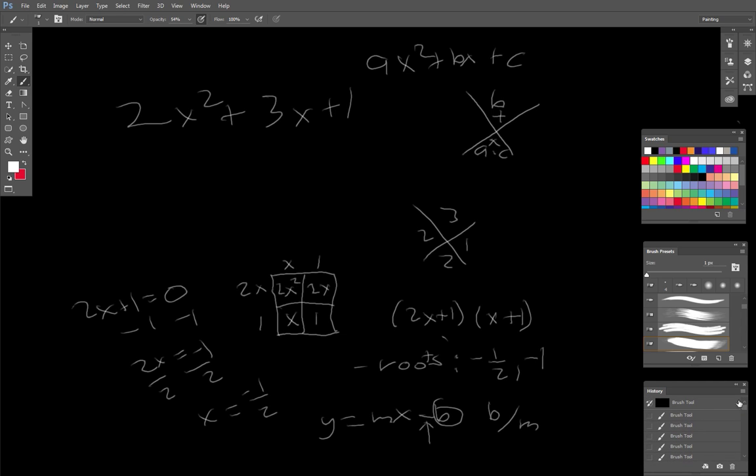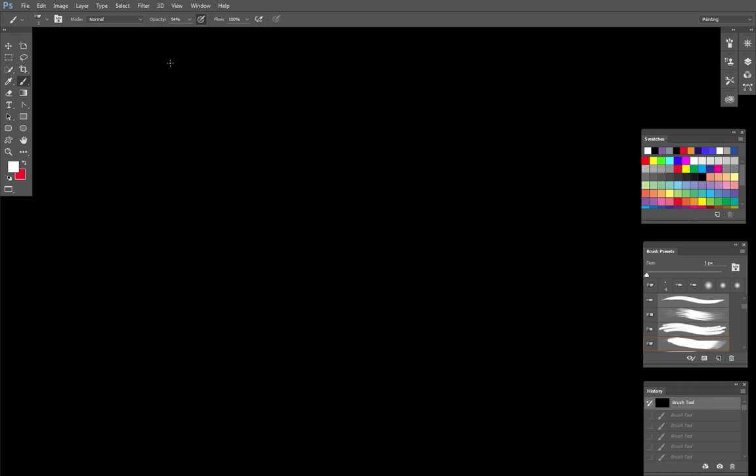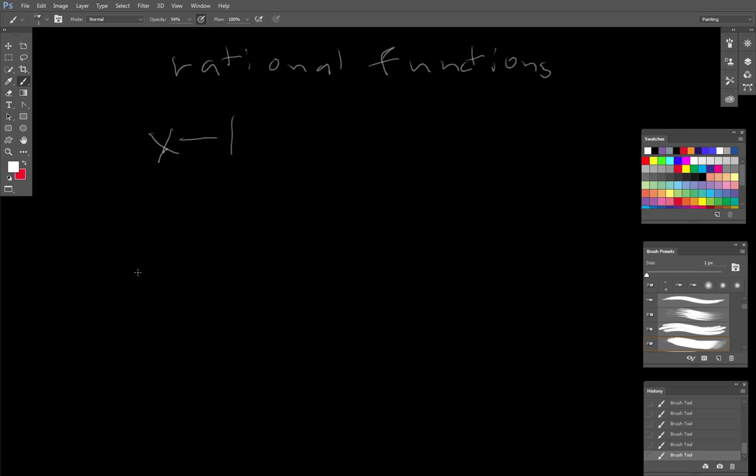Now what we're going to do next is we're going to go over some of the rational functions that I have prepared for this. That's going to be a letter F, functions. Okay, so the next problem that I'm going to have us work on, so the first step to solving these rational functions, this is going to be x minus 1, and rational functions have a format of having a polynomial on the top and a polynomial on the bottom, basically.